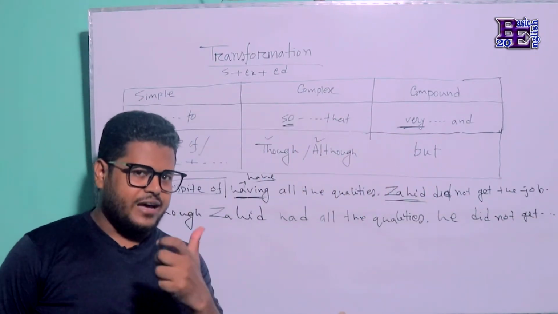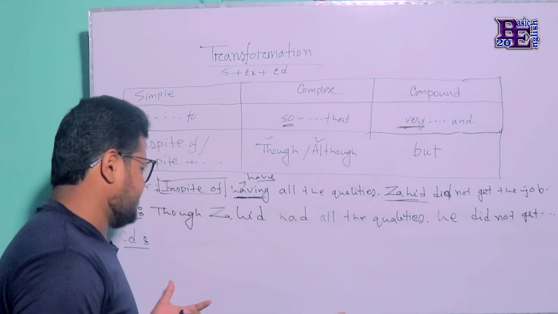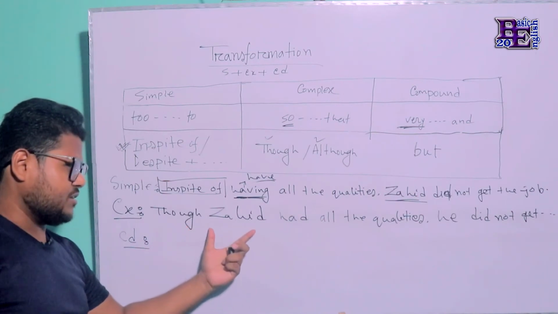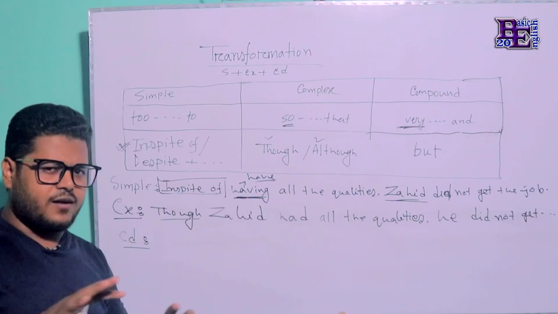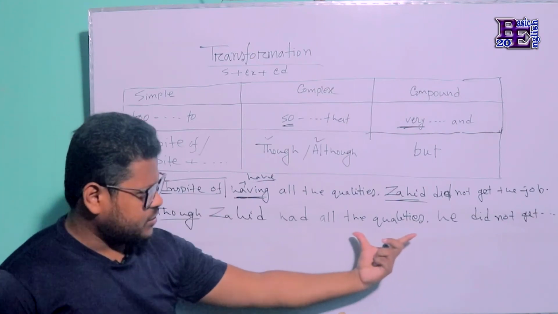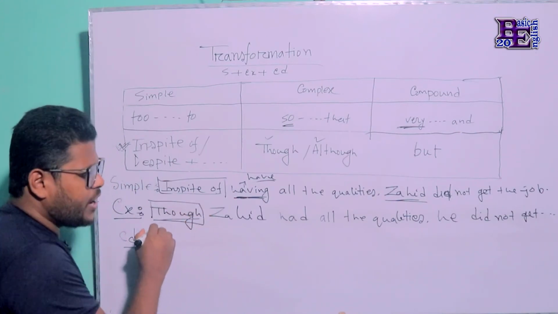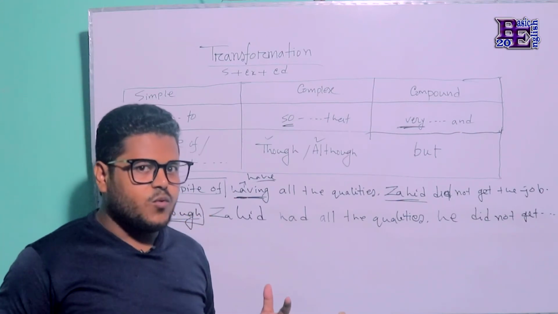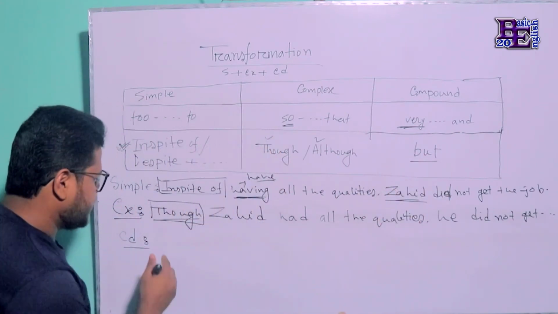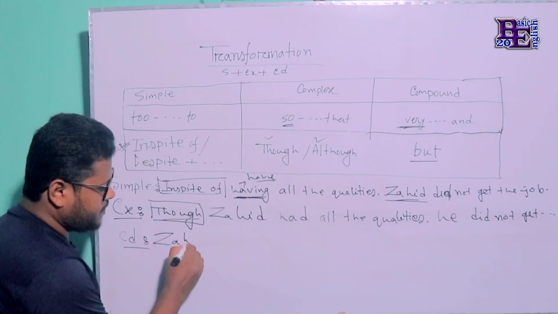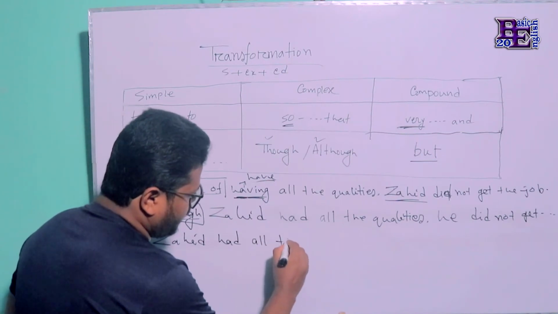And you know, very magical, but some of you may think that it's very difficult to transform a complex sentence into compound in case of though or although. It's very simple. You know that there are only two clauses, and from the beginning we will remove this one, and in between the two we have to use but, nothing else. That's why you have to write it down like this: Zahid had all the qualities.